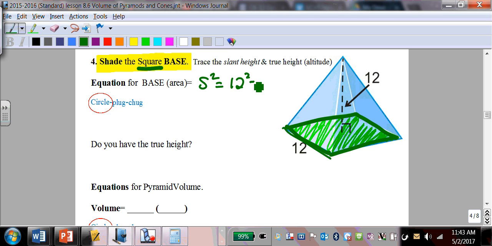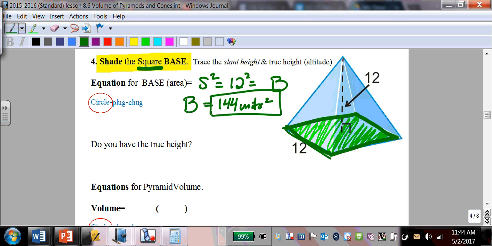Side, 12 squared. See, 12 times 12. So we just found our capital B. Our capital B is 144. We check for units. We don't have units, so we simply write it squared. That is capital B.